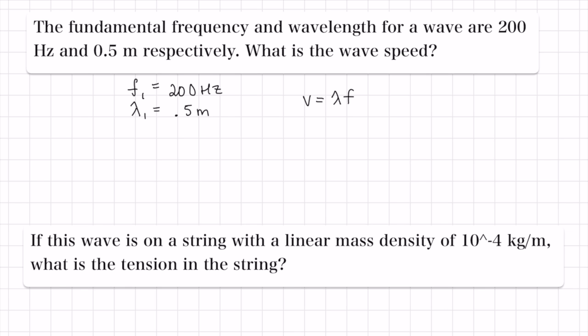In terms of harmonics, we could also write this as lambda n times f n, just to make sure that we're using the same harmonic frequency and wavelength. Both of these are going to be 1, so I'll just do v equals lambda 1 times f1, and we'll put in that 0.5 and 200 to get 100 meters per second.